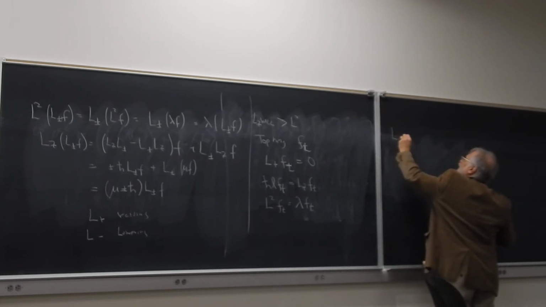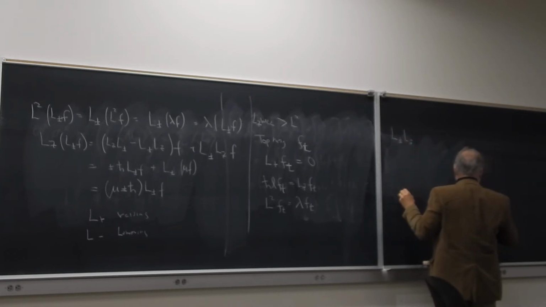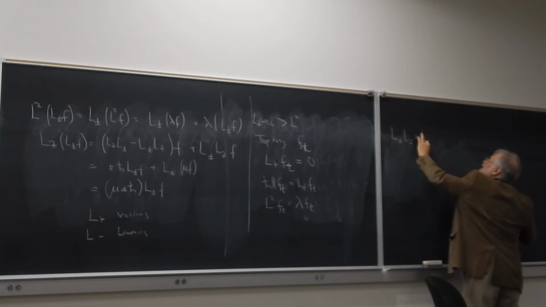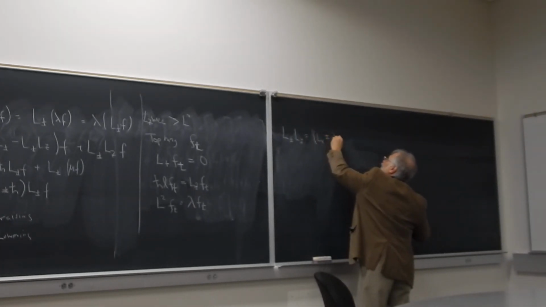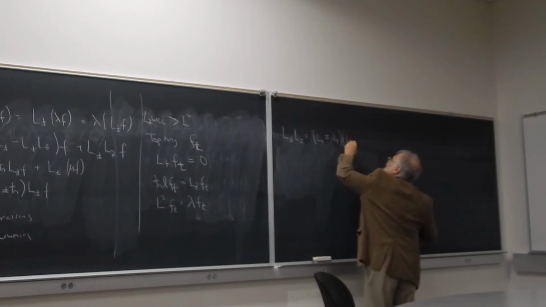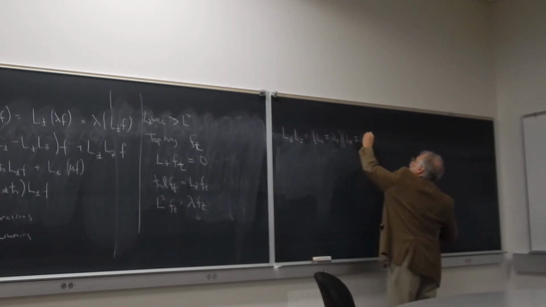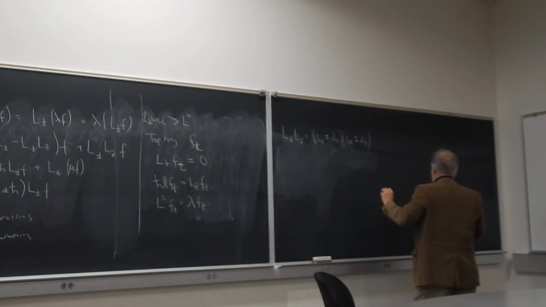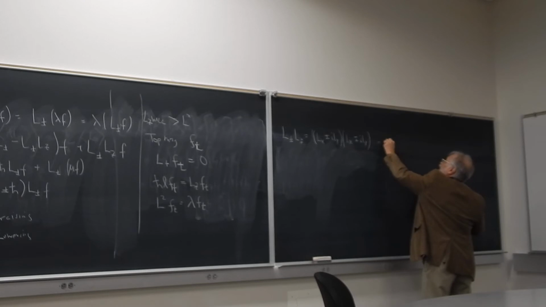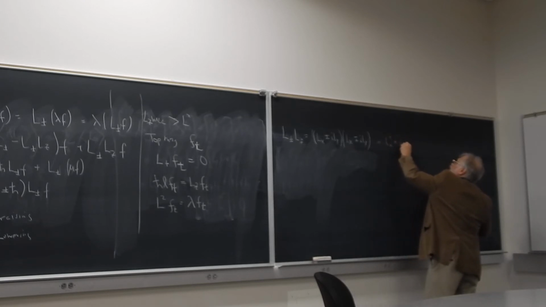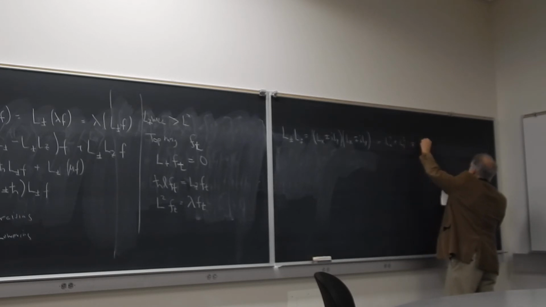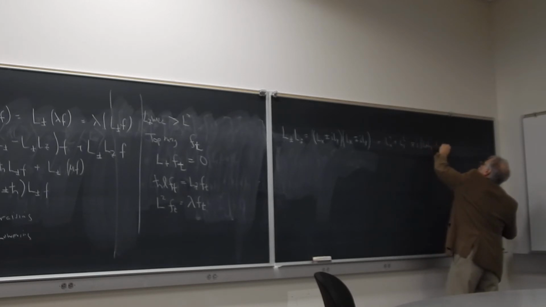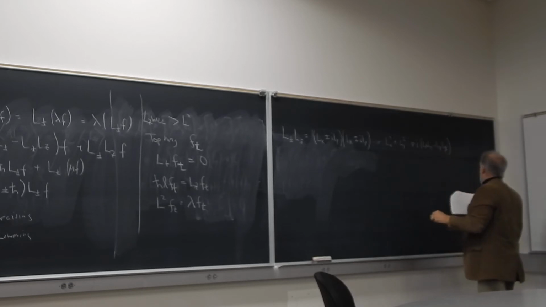Interesting. Let's play with this just a little bit. Suppose I take L plus/minus times L minus/plus, and write that as (Lx plus or minus iLy)(Lx minus or plus iLy). If I multiply that out, I'm going to get Lx squared plus Ly squared, and it's going to be minus or plus i times (Lx Ly minus Ly Lx).